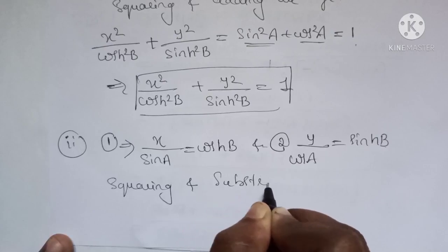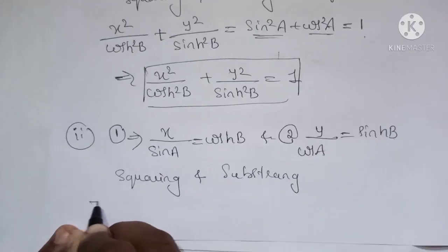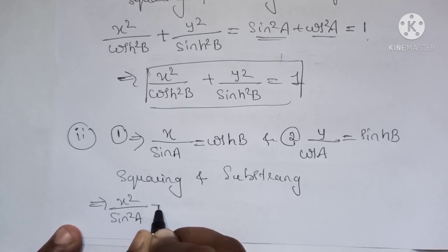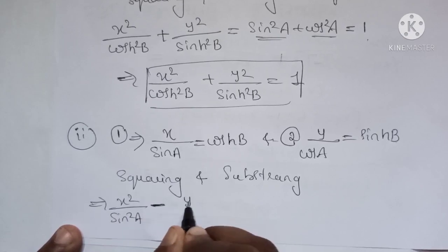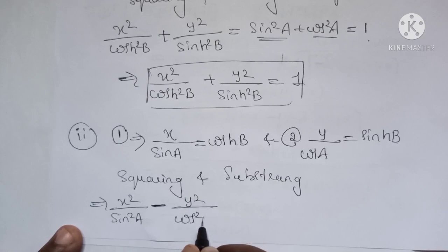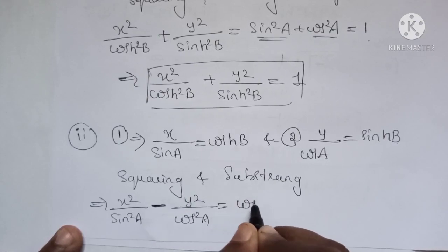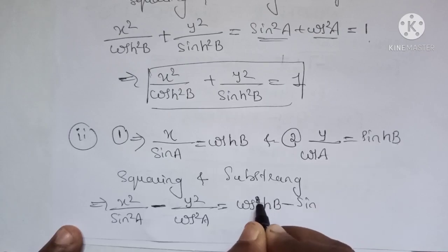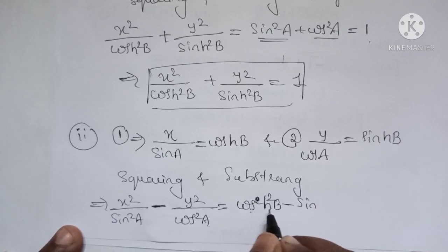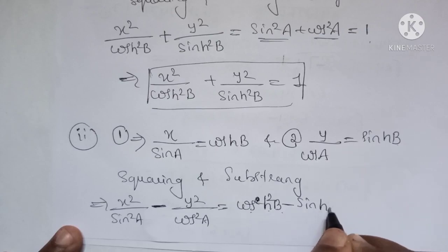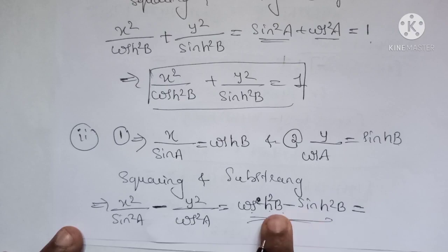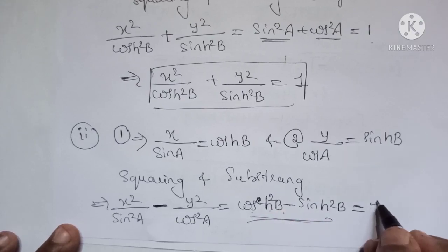We get x square divided by sin square a minus y square divided by cos square a equals cosh square b minus sinh square b, which, from the hyperbolic function formula, is nothing but 1.